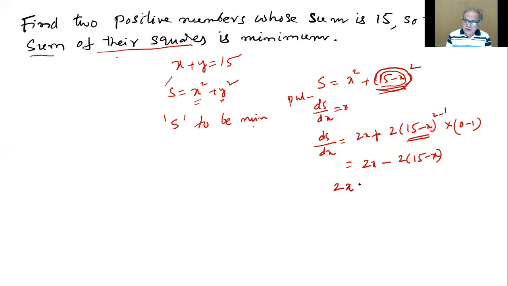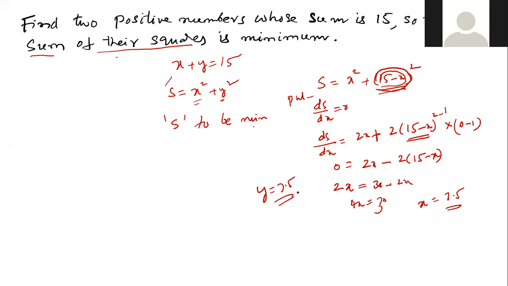If I put it 0, what will I get? 30 minus 2x. So 4x equals 30, so x equals 7.5. So y is also 7.5.